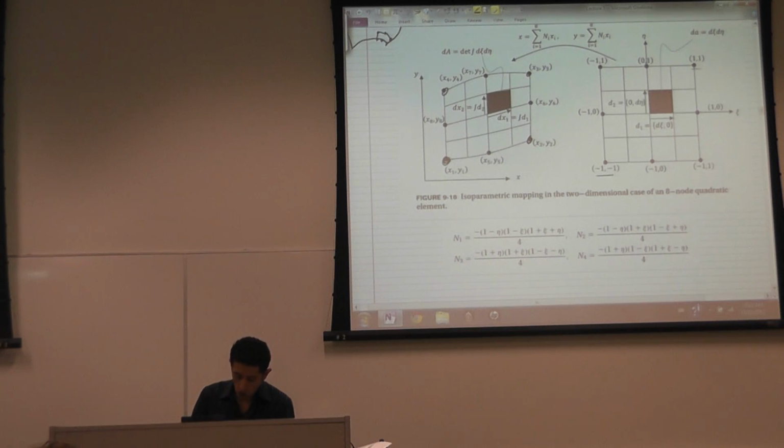Because if this is node 1, node 2, node 3, node 4, node 5, node 6, node 7, node 8, this is how I should input. The order has to be according to the convention in that particular software. If that software numbers them 1, 2, 3, 4, 5, 6, 7, 8, then this is how I should input the corresponding nodes as well.